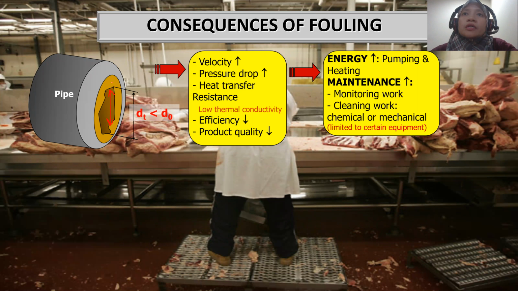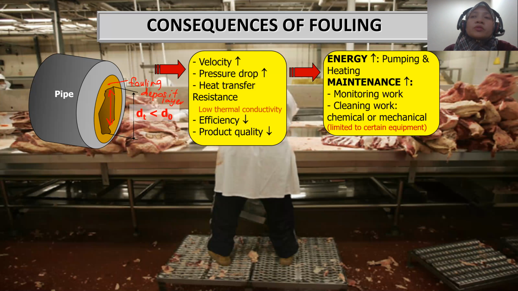So basically, the chocolate here is the fouling deposit layer. The diameter will narrow due to fouling deposit, and heating costs also will increase as more heat is needed to transfer sufficient heat through the fouling deposit layer, so that it can meet the set processing temperature.